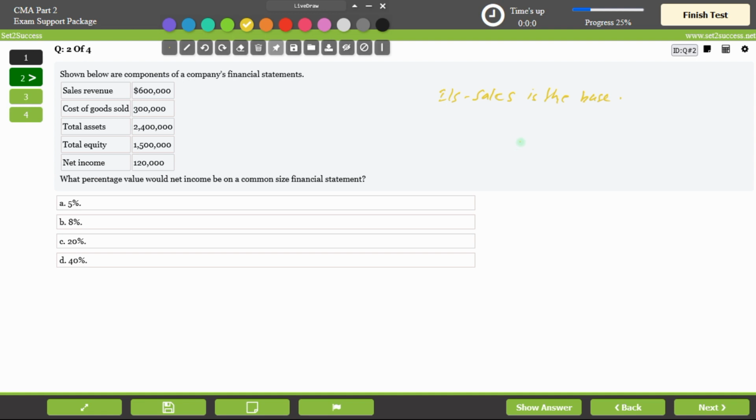and the formula that is being used is amount of the line item by amount of the base. So the base amount for income statement is sales.